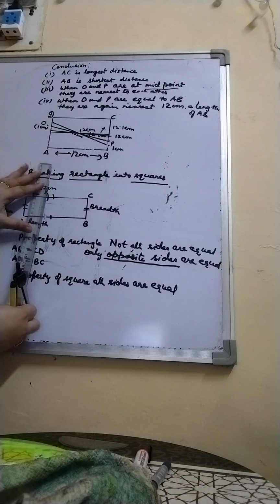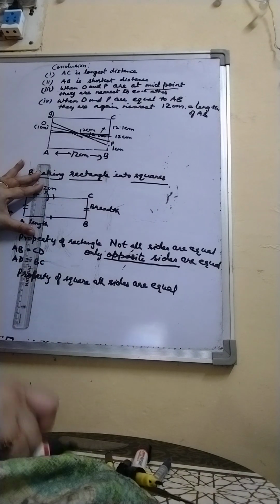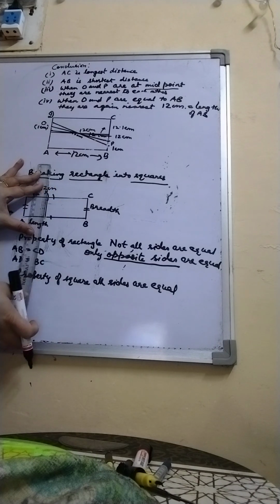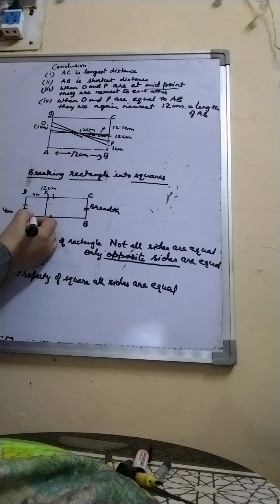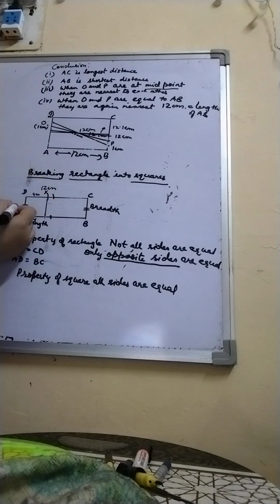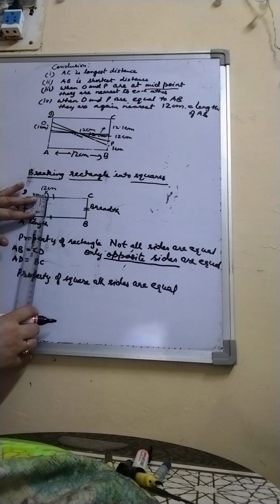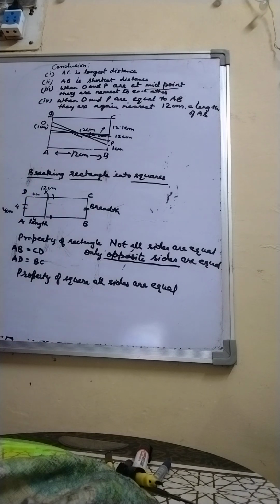Now join the two. So you get the first square. Why? Because this is 4 centimeter, this is 4, this is 4, and you would measure the fourth side, that would also come out to be equal to 4 centimeter. If 3 sides are equal, then fourth would obviously become equal to AD. So this is the first square.